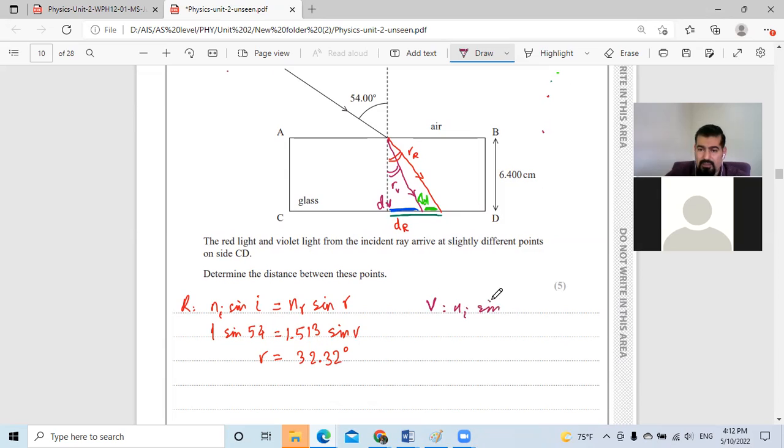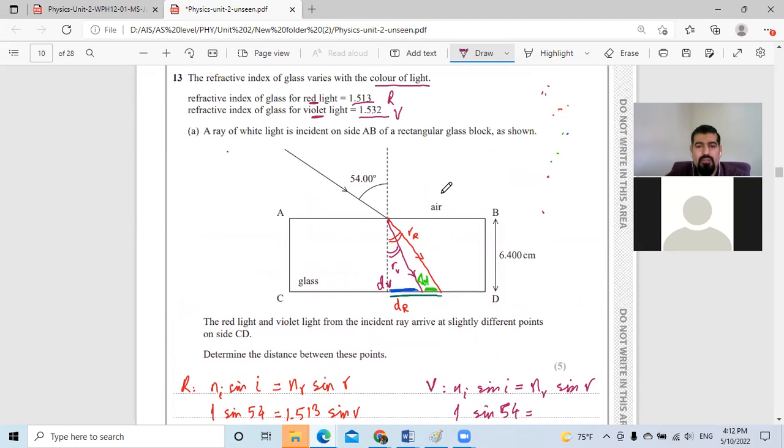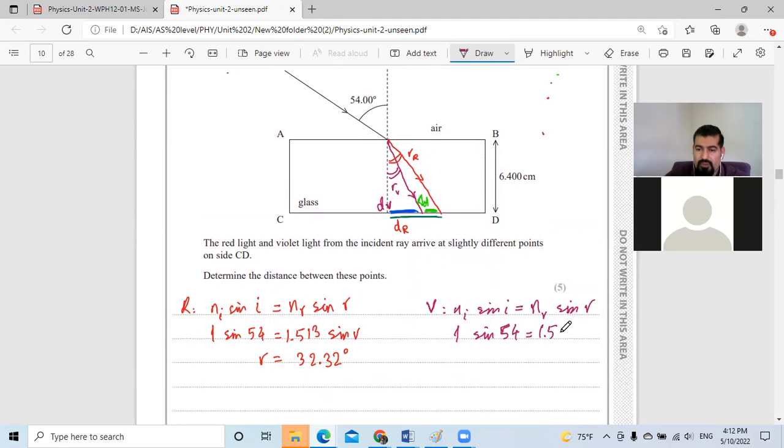Ni sine I equals Nr sine R. So Ni, which is 1, sine the same angle, 54, equals Nr, which is 1.532, sine R. And R for the violet, by using the calculator, is 31.88 degrees. Yes, thank you. Now, this is the first step.